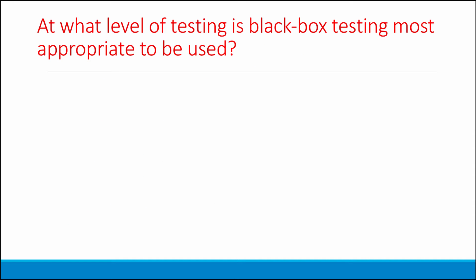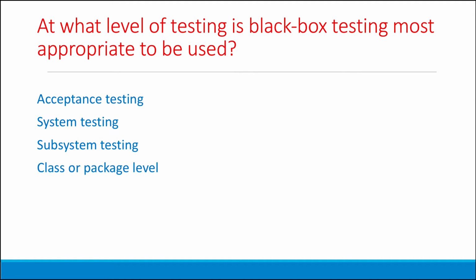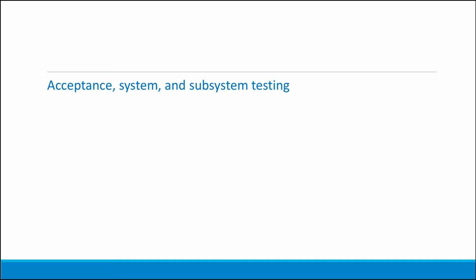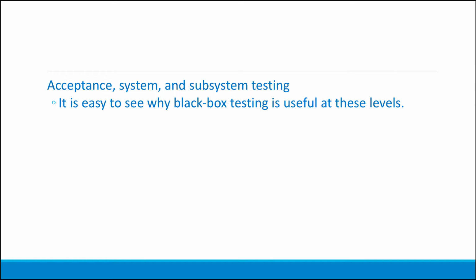What's the appropriate level for black box testing to be most effective? It can be used as acceptance testing, system testing, subsystem testing, class or package level testing, or even unit level, that is, method testing. I think it's fairly obvious how acceptance, system, and subsystem testing can be done using black box testing.